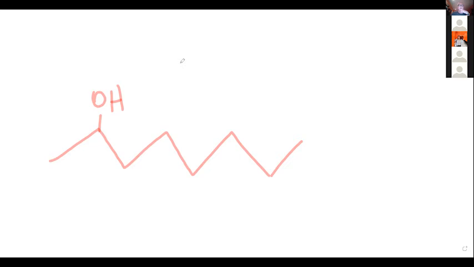Right. So basically, the question is, would you put the double bond there, or would you put the double bond there? Those are basically the two places you could put them.